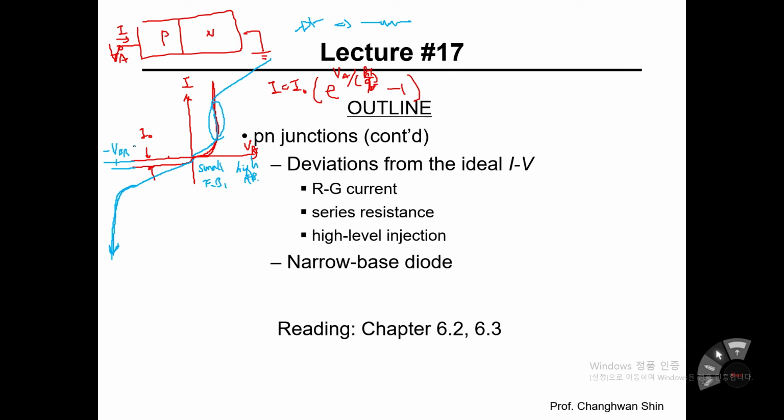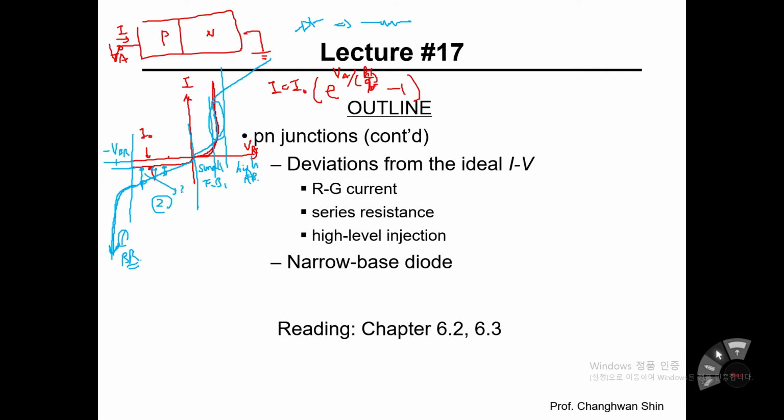So let me separate those four different deviations. Number one is breakdown, but we have learned it: Zener breakdown mechanism and avalanche breakdown mechanism. The second one can be found here. In the ideal diode, the saturated current should flow. However, certain additional current can be found.